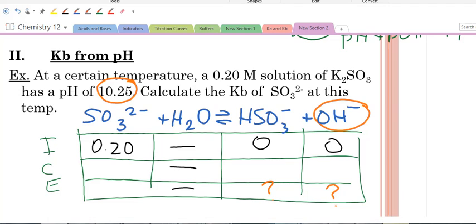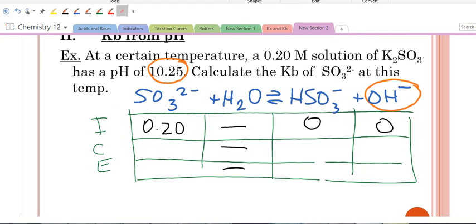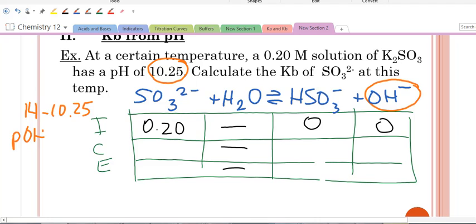Now we can't go directly from pH to concentration, but we can if we use the pOH. So on the side here, 14 minus 10.25 will give us the pOH, which is 3.75.